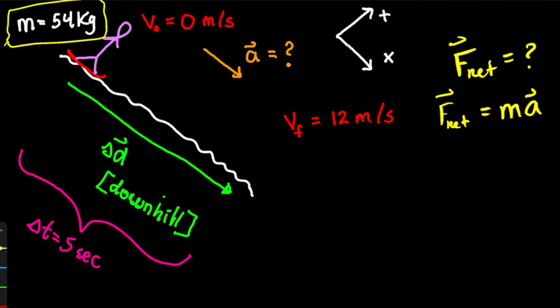But the acceleration was a big unknown, so we need to go back and try to solve for it. The net force is mass times acceleration, but notice that in order to get acceleration, we need to go back to our first unit where we talked about kinematics. So that means that we're going to go back and use the big 5 kinematic equations of motion. So let's write those down just so we can use them.